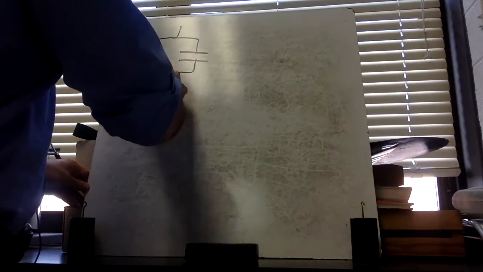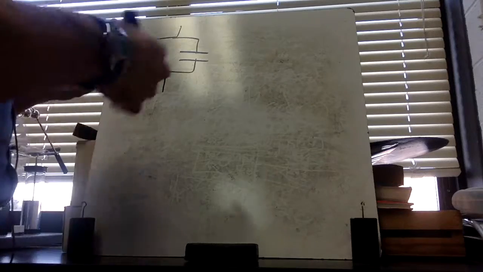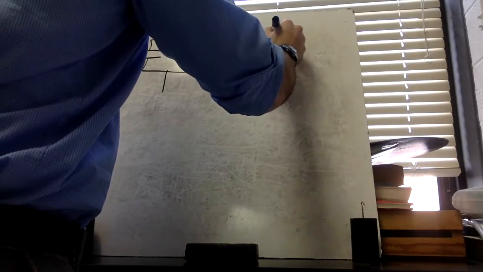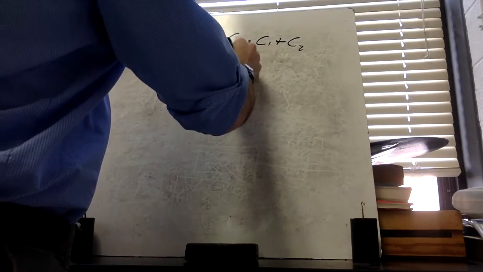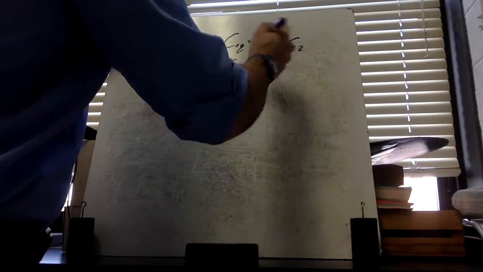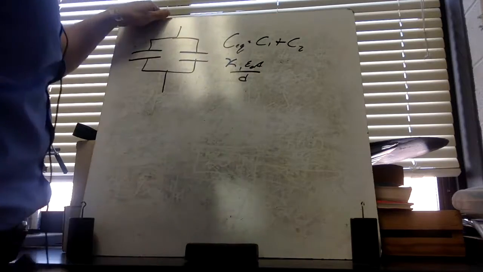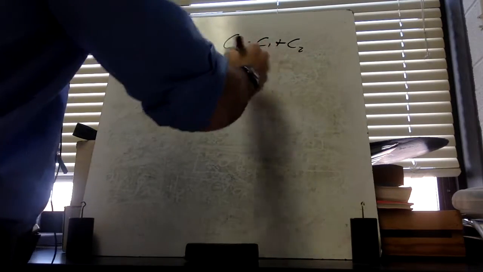It's one capacitor that was filled with dielectrics from two sides, but we redraw it this way. And this is a little simpler because C equivalent is C1 plus C2, so this is kappa 1 epsilon naught A over d, where d is the same, except this is A over 2, so I'll put that down there.